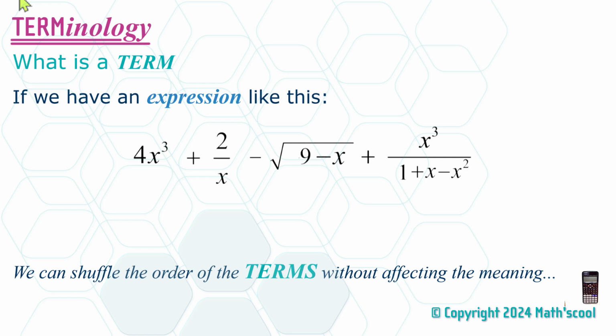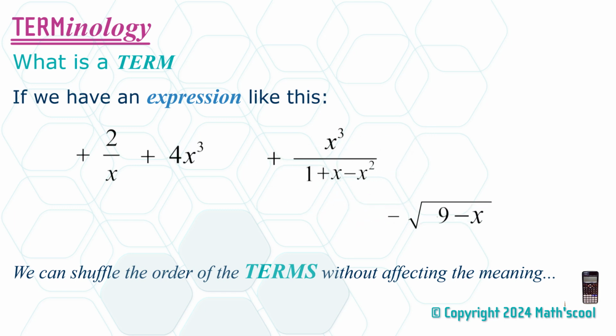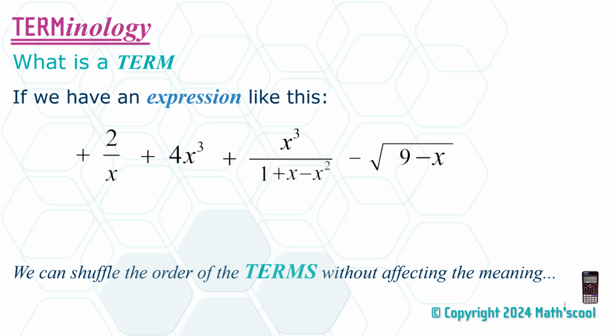So we can take this 2 over x and maybe move it over here, and take the 4x and move it over here, and take that and move it over there, and take that and move it over there. So that's the same expression, but with the terms juggled around. I can also juggle around the terms in here.